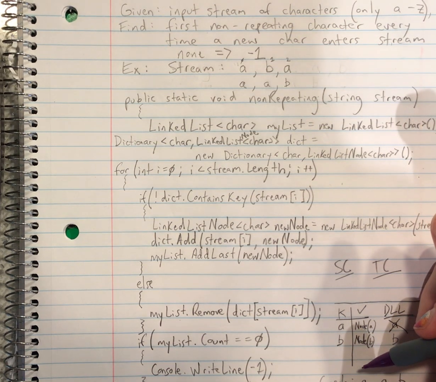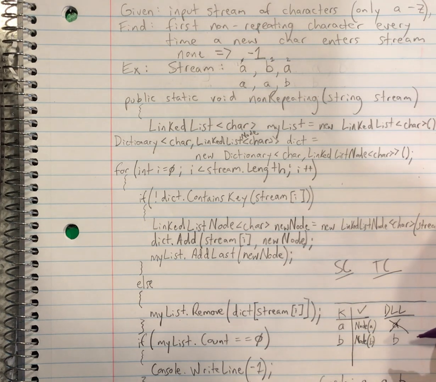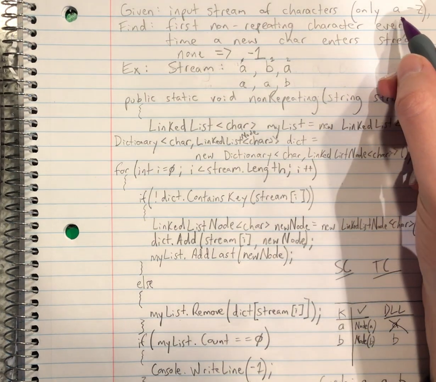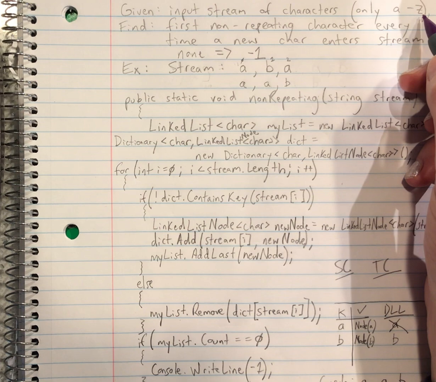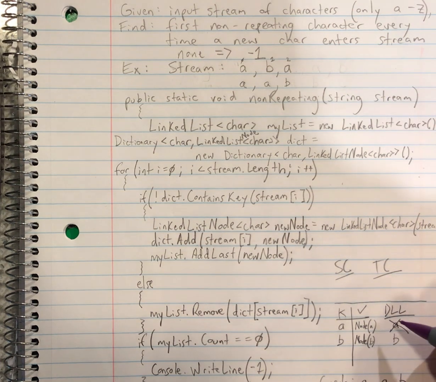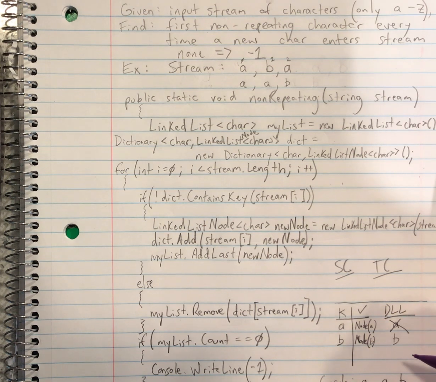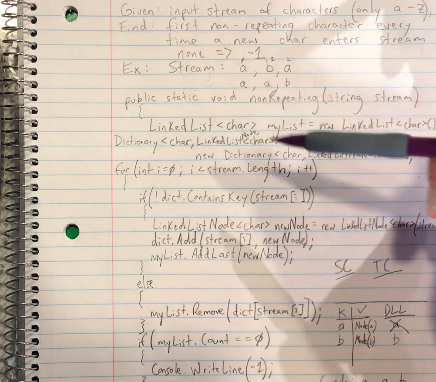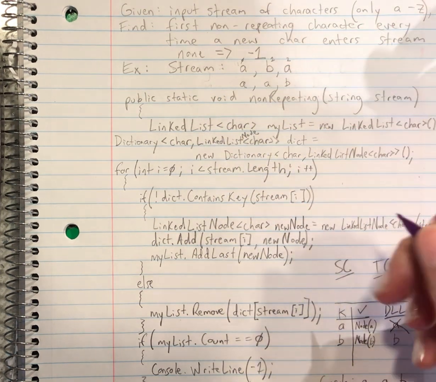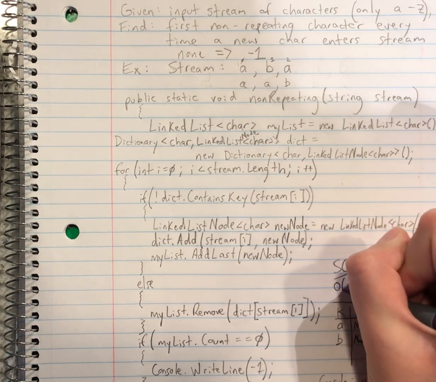It's not O of n. And likewise for the doubly linked list, we're limited to characters A through Z, which is 26 characters, which means we'll never have any more. In the worst case, we would have 26 characters in our doubly linked list, which means the space complexity for the doubly linked list is also constant, which means those are the only two data structures we're using, right? So our space complexity is actually constant.